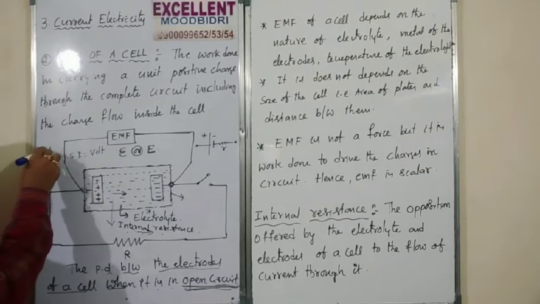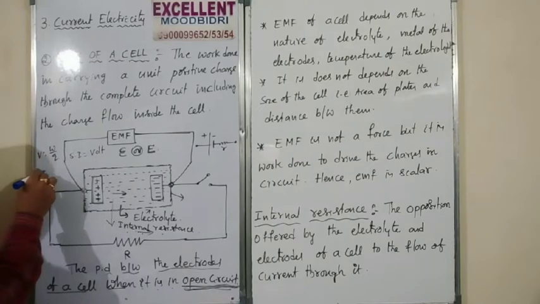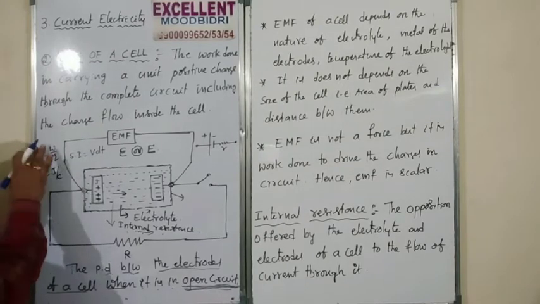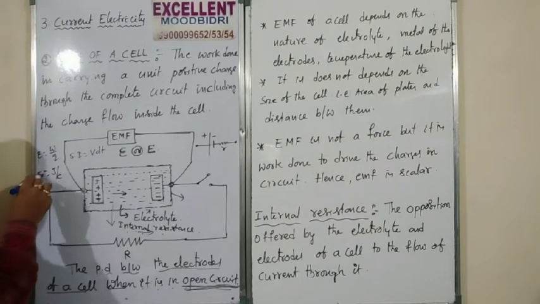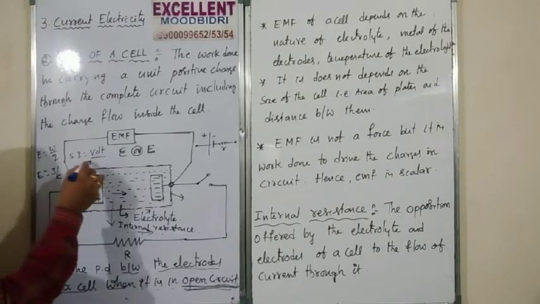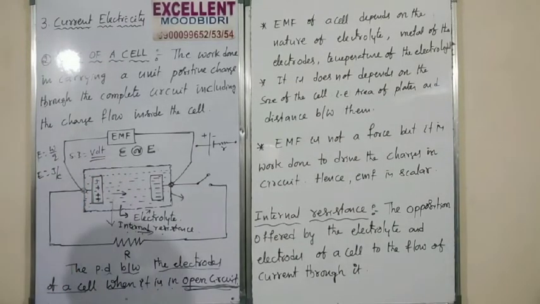V is equal to W by Q, joule by coulomb. Here also the same formula: E is equal to W by Q. So joule by coulomb is nothing but volt.